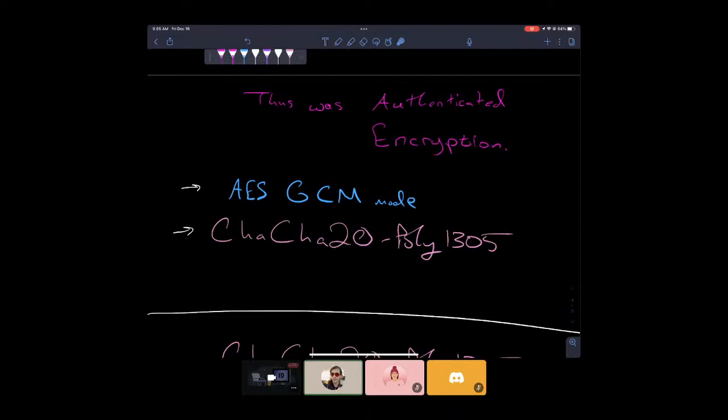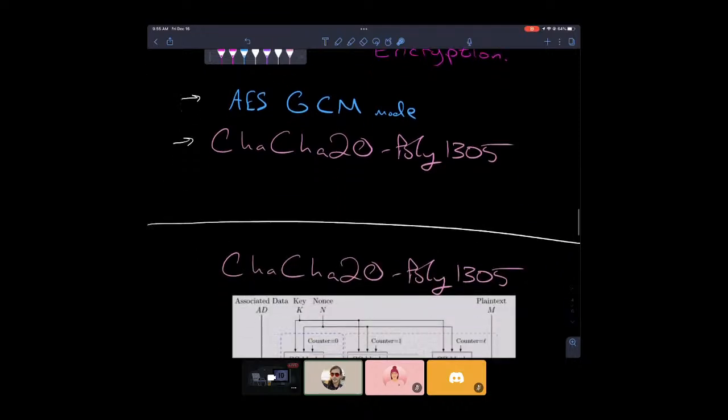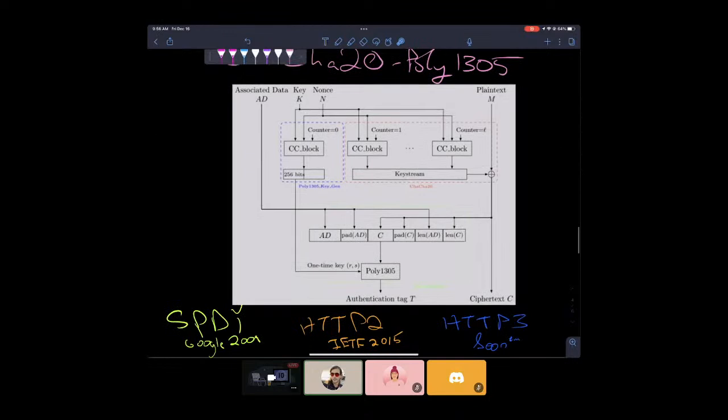In cell phones. But if you don't have these special chips, computing AES is pretty slow relative to some other stuff that you could do. And so basically to speed up the rate at which cell phones could do internet stuff, Google proposed a successor to HTTP 1, which was called Speedy.